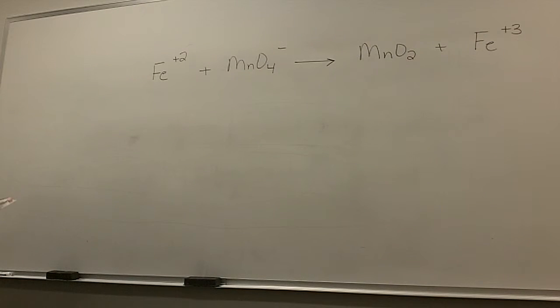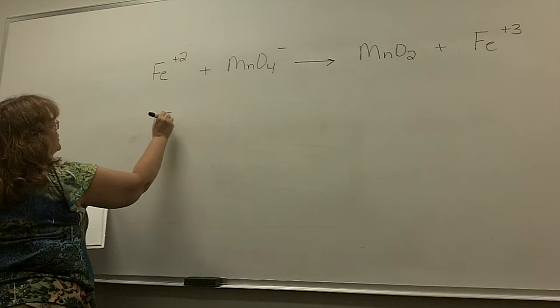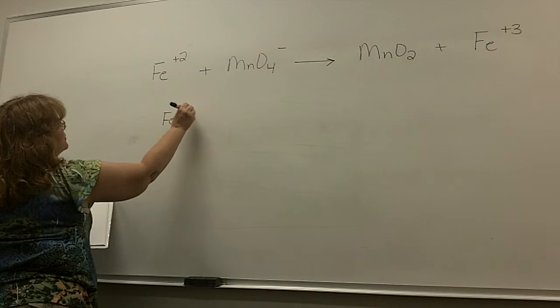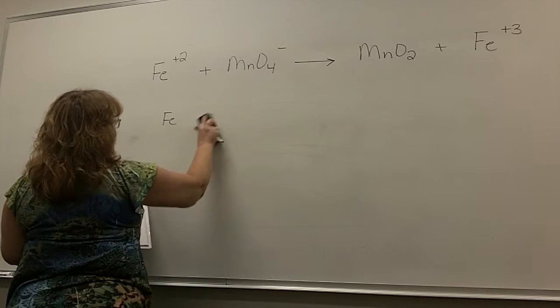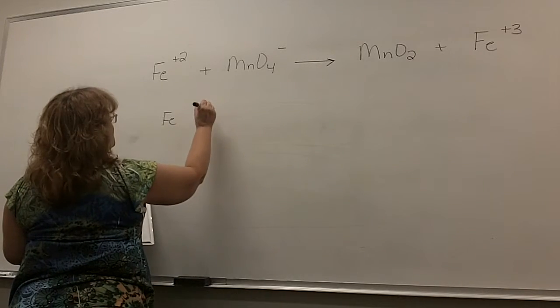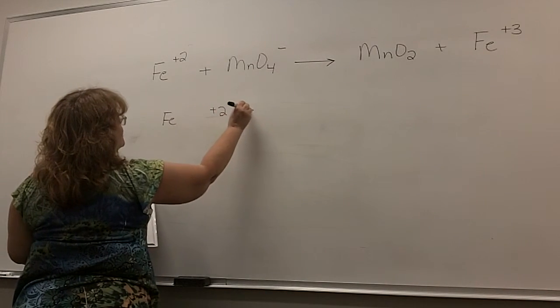Yeah. Okay, so now we've got the reaction. We need to write the 2 half reactions. So we've got iron going from +2 to +3.